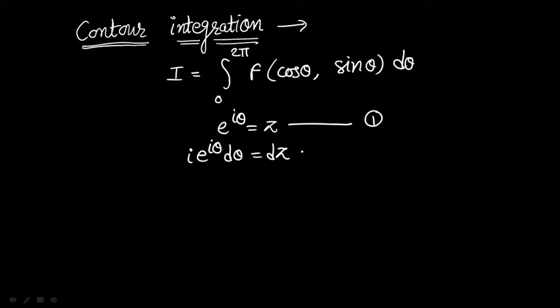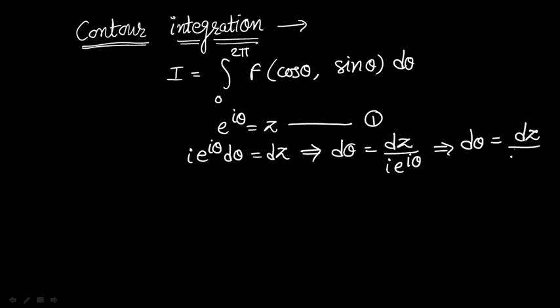Therefore d theta equal to dz by i into e to the power i theta. That means d theta equal to dz by iz. This is equation number 2.